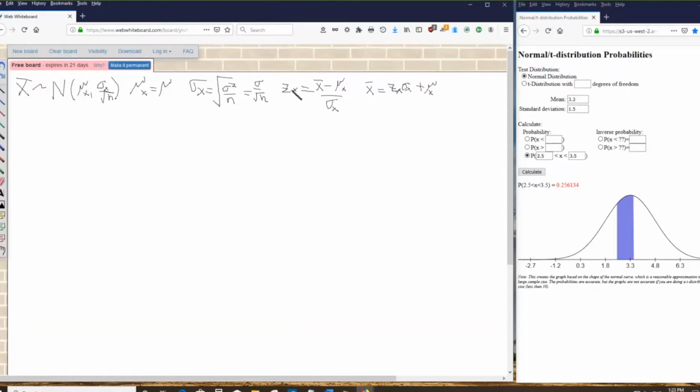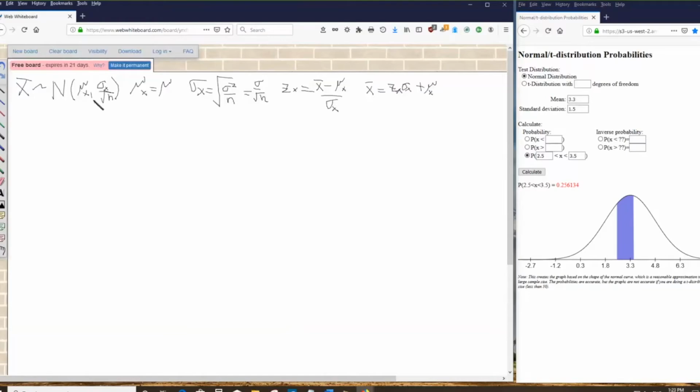So once again, your z-score equations are exactly the same as what you did with the normal distribution, same formula. Okay? So those are your main equations.